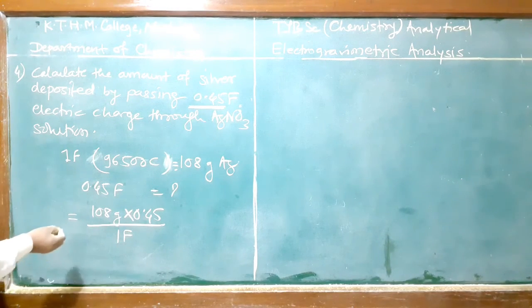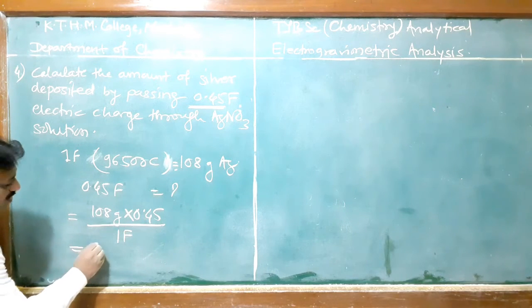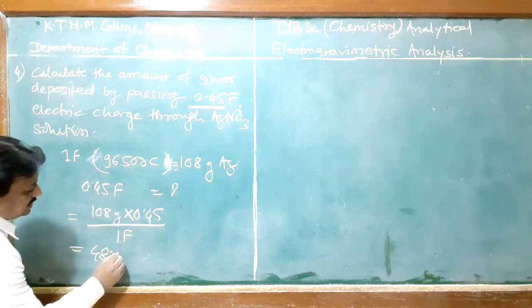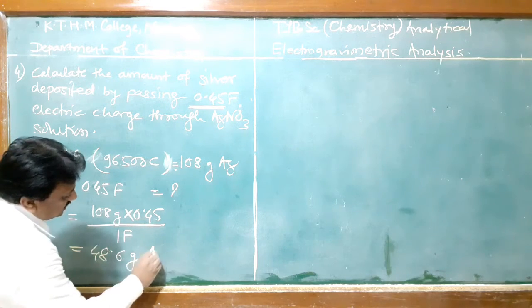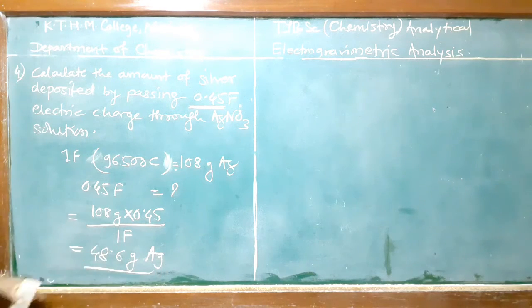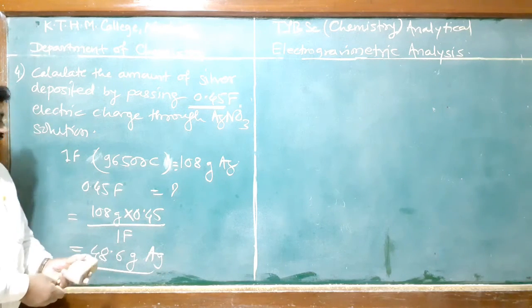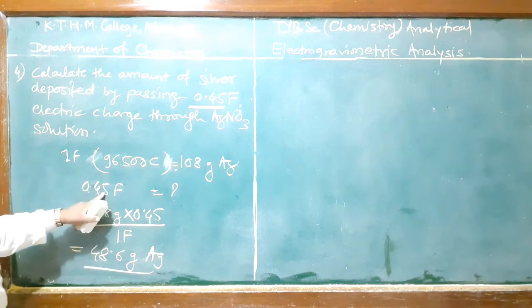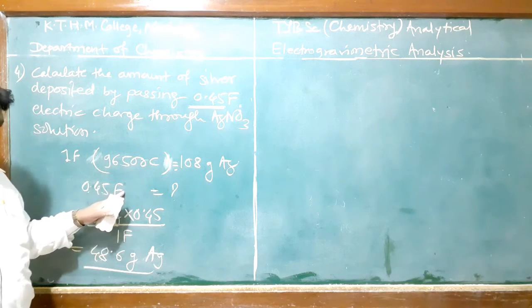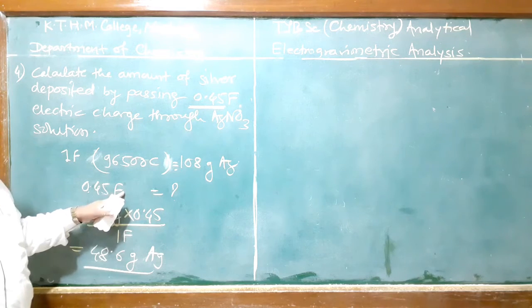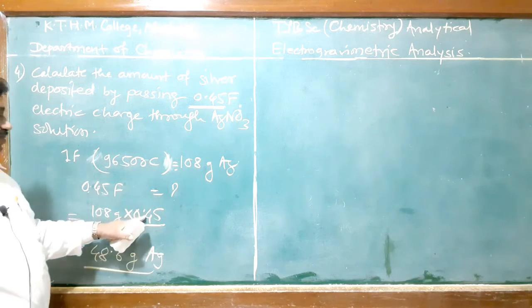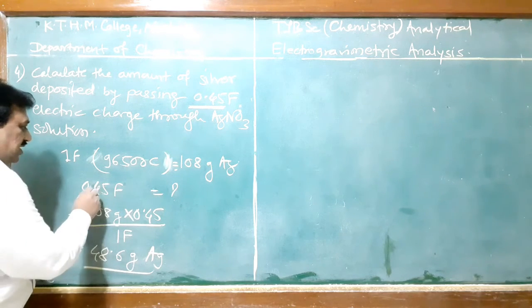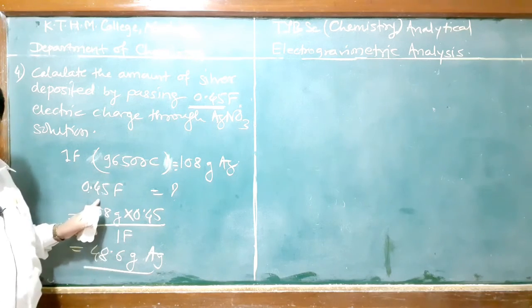And when we calculate this amount, this becomes 48.6 gram of silver. This much amount of silver is deposited by 0.45 Faraday. And therefore, here in terms of mole, this much Faraday deposit this much mole of silver.